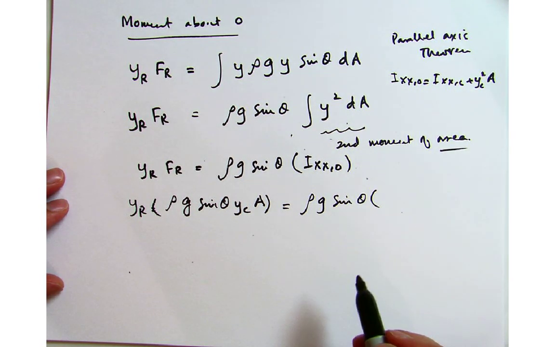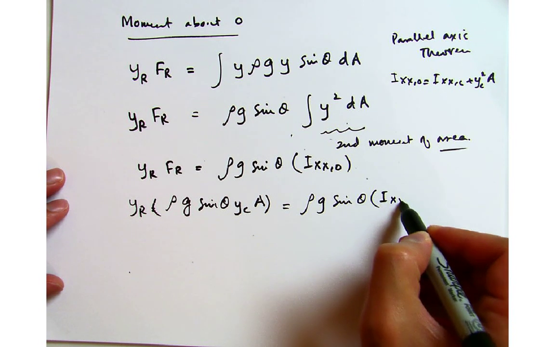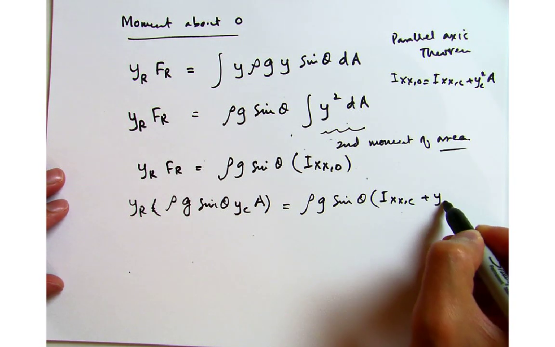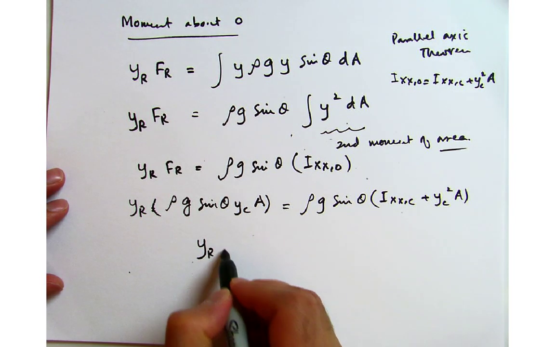Those are the two quantities. So I'm going to replace it with I_xx,c plus y_c squared A, and now I'm going to find the location of that force.